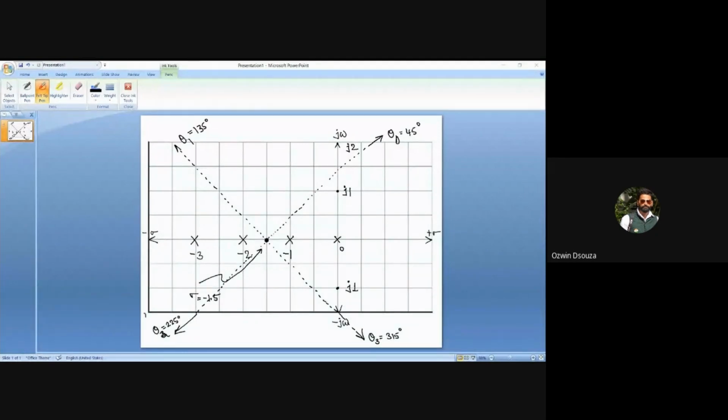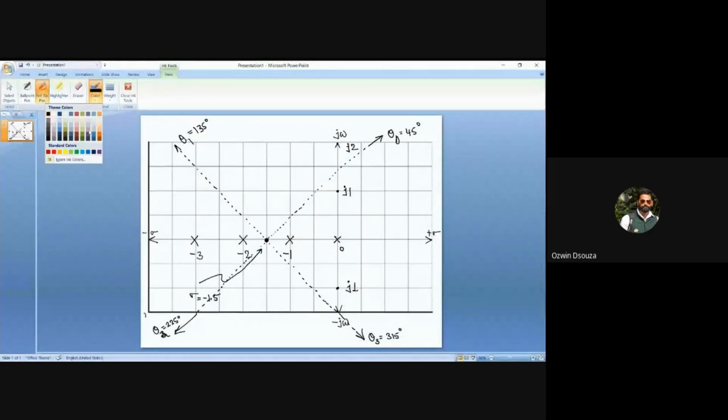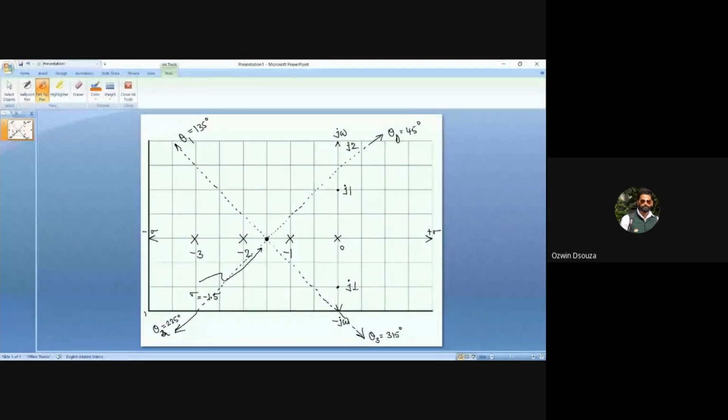And then you can go for placement of the breakaway points. So you had obtained 3 breakaway points, out of which 2 were found to be valid. The valid ones are minus 0.38 and minus 2.61. We'll use a different color to place the breakaway points. Let's say brown.